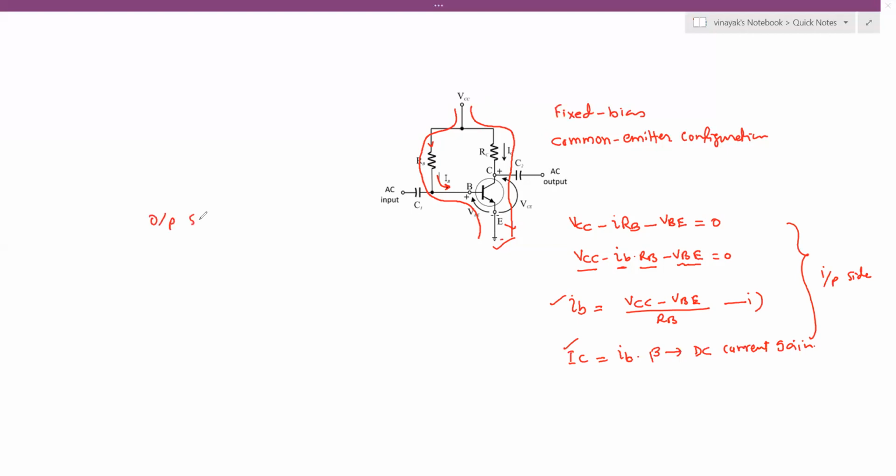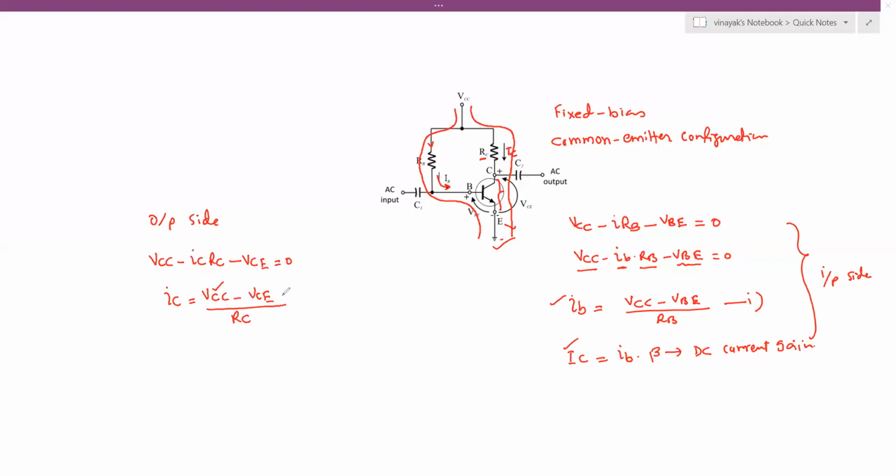For the output side, we'll write the KVL: VCC minus IC times RC. Look, there is a current IC that is flowing through RC, and minus there is a drop across collector to emitter VCE is equal to 0. And from that, IC is calculated as VCC minus VCE divided by RC.